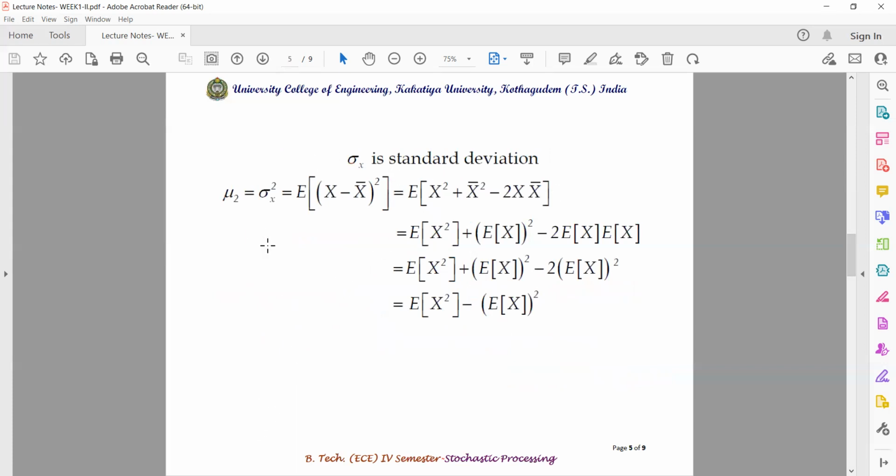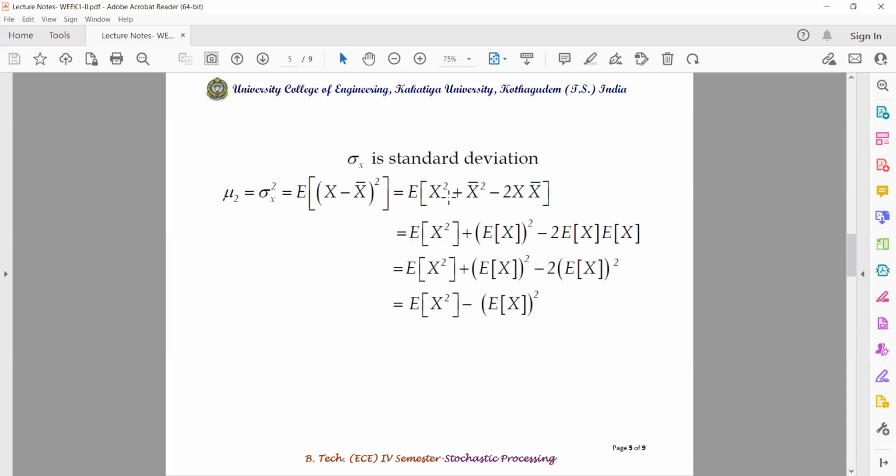So some mathematical derivation here. Mu2 is equal to sigma x square, equal to expectation of x minus x bar whole square. So a minus b whole square expansion inside the brackets of the expectation operator gives capital X square plus x bar square minus 2 x x bar. The expectation operator can be separated like this.